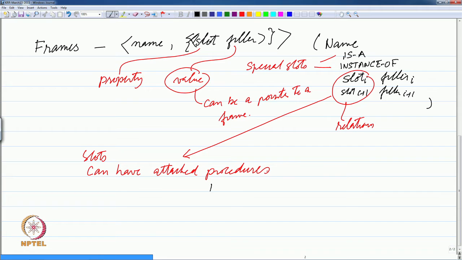For example, there might be a procedure of the kind if added, and it specifies that if a filler is added, then do something. If some code has to be run, then as soon as you fill in a value, you execute a procedure to do something essentially. So, for example, you might say okay, create another frame with this name and this data.